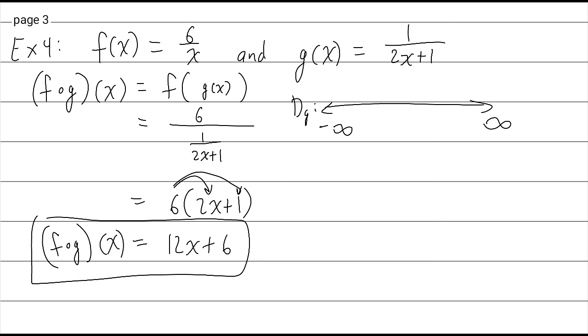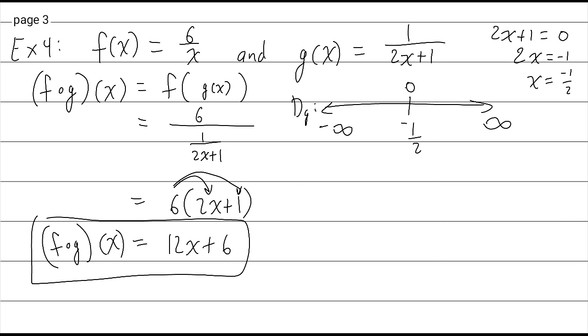What would cause that to happen? Well, 2x plus 1 equals 0. Subtract 1 from both sides. Divide both sides by 2. Negative 1/2. So negative 1/2, can't plug that in. That will give me 0 in the denominator.